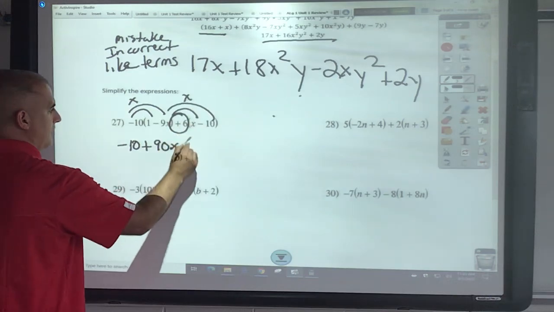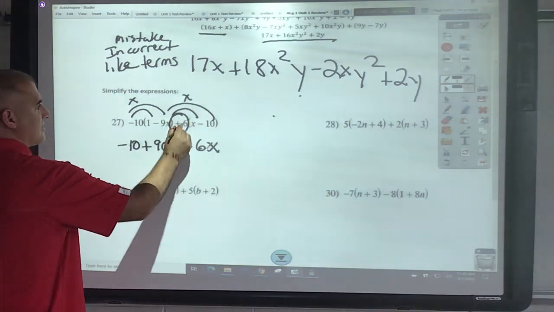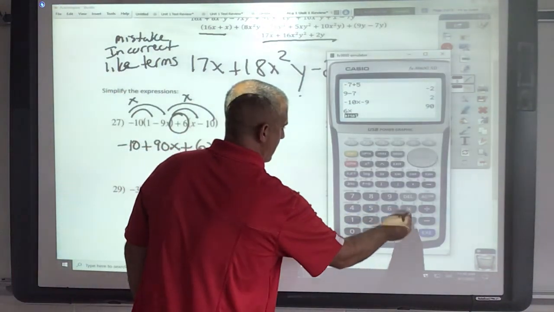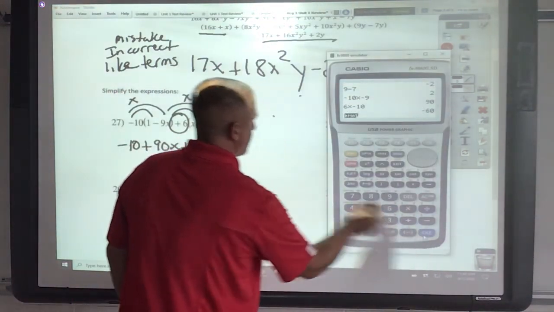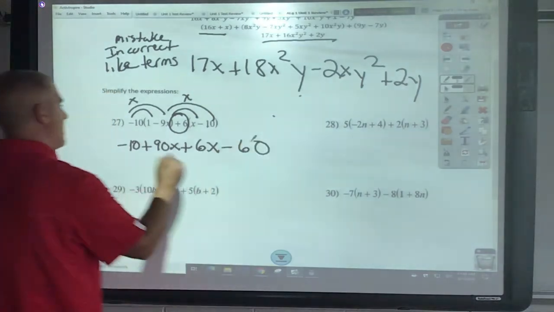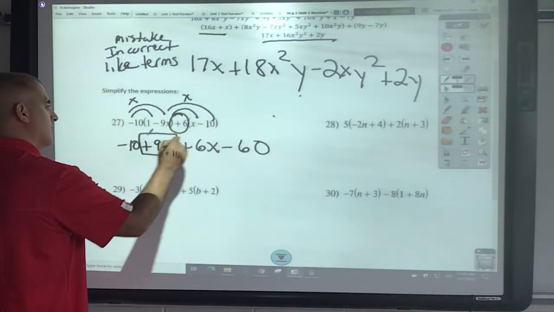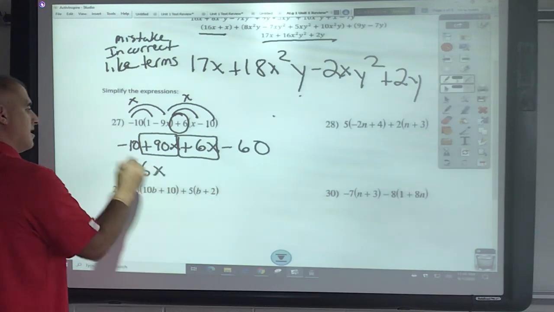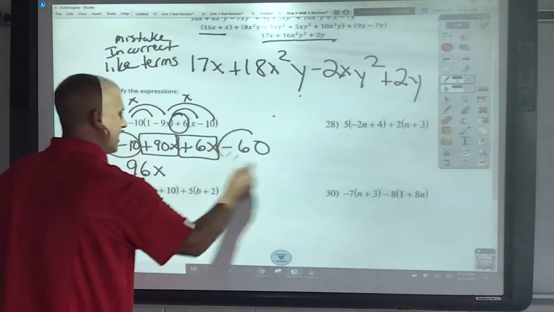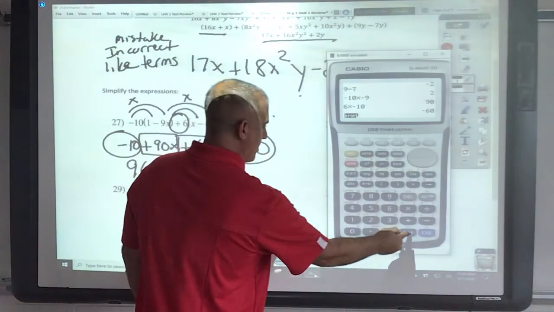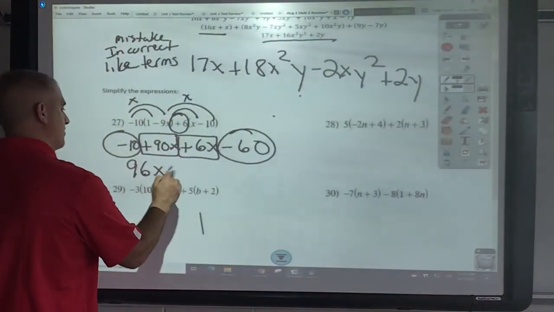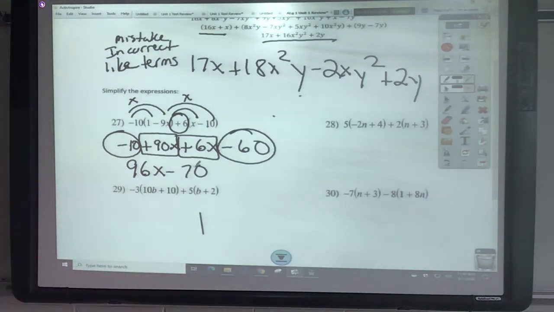So 6 times x would be positive 6x. 6 times -10, I treat that like a negative, so it's going to be minus 60. Now my x's are alike, so that's 90 plus 6, which would be 96. Then I got -10 minus 60. Don't put any extra signs. Just type them in like you see them, so it gives you the final answer of minus 70.